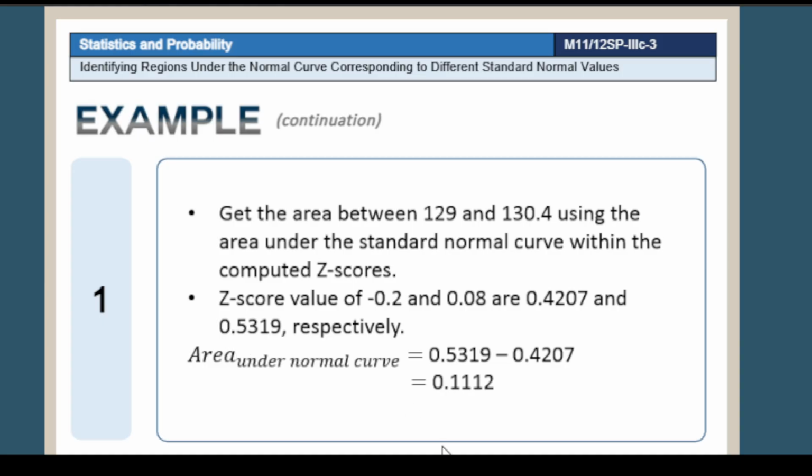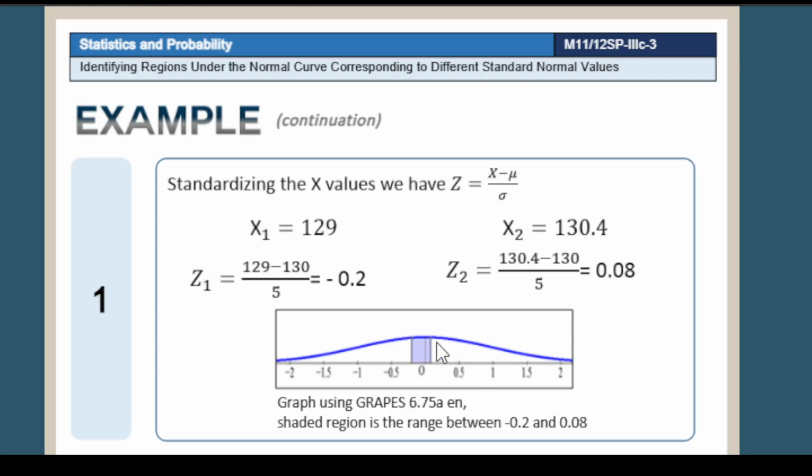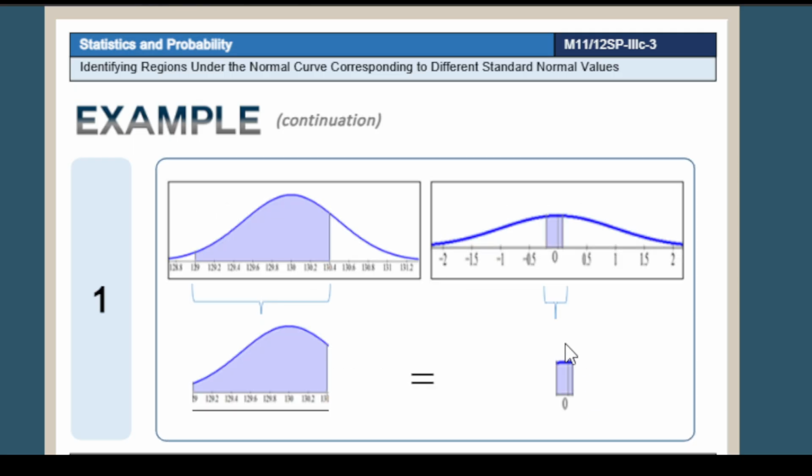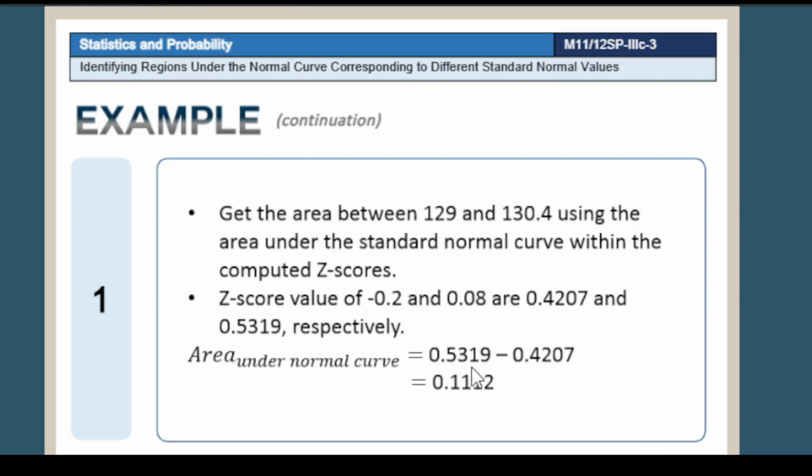So 0.5319 is from this line to this, while from this one to this side, we have 0.4207. So to get this particularly small portion that is covered by them, we'll have to subtract them. After subtracting them, we'll have 0.1112.